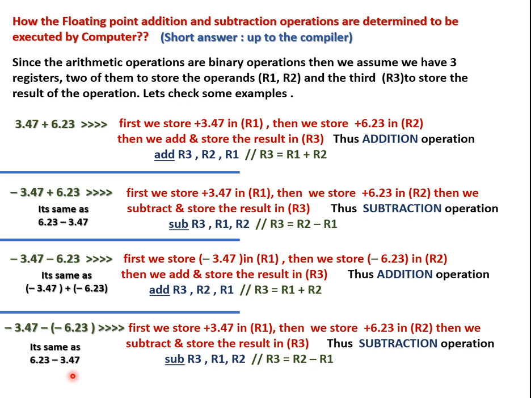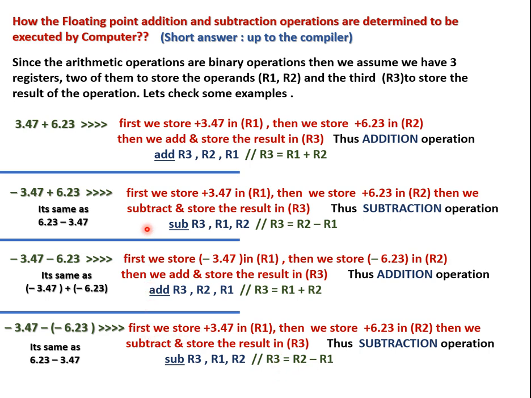So in this case, we are not storing the negative value of 3.47. We're storing the positive value in R1, and we store the positive value of 6.3 in R2, and we're gonna make subtraction operation. In assembly language it's gonna be sub R3, R1, R2, and as you can see, this means R2 minus R1, and the result will be stored in R3.